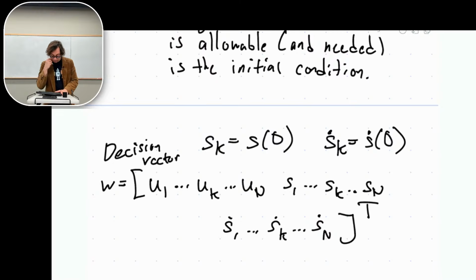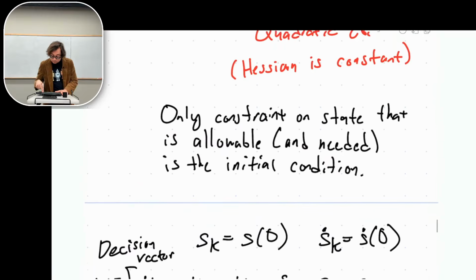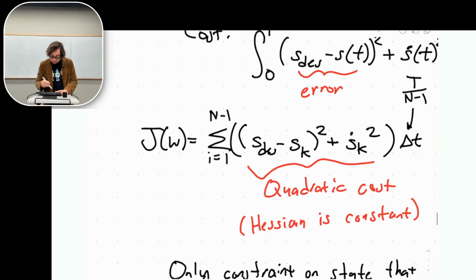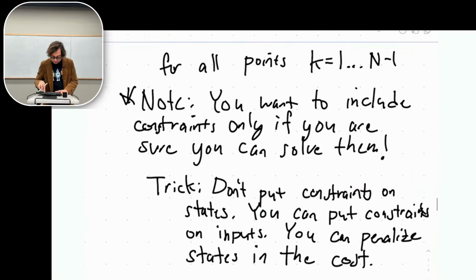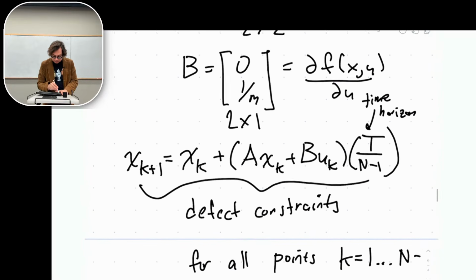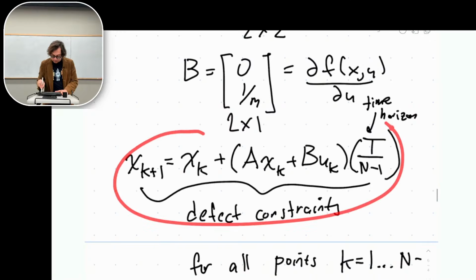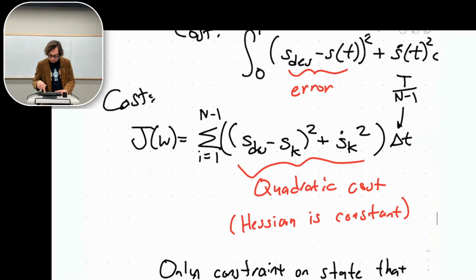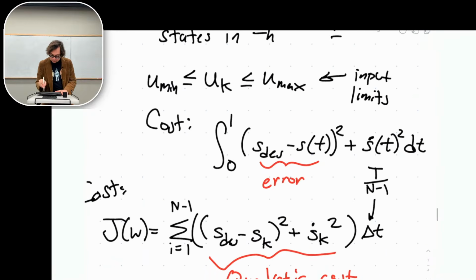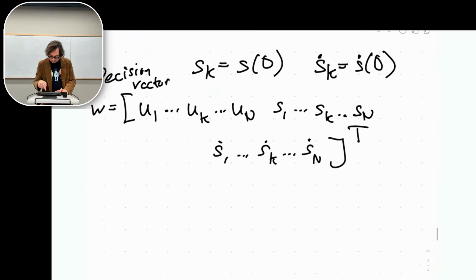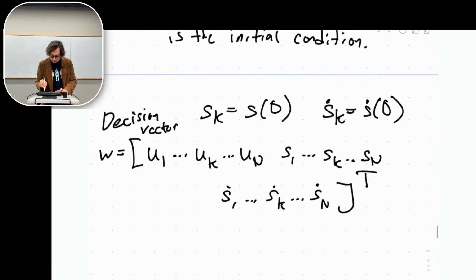Okay. Up above is our cost function, right there. And up above are our defect constraints that enforce physics. And we have our input limits, these constraints, and we've got our initial conditions.